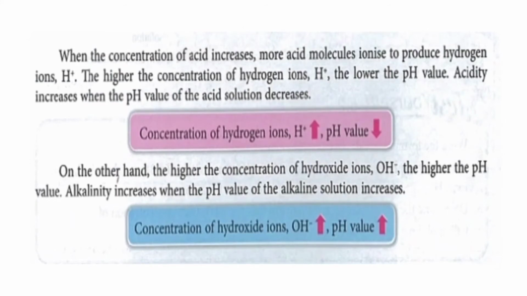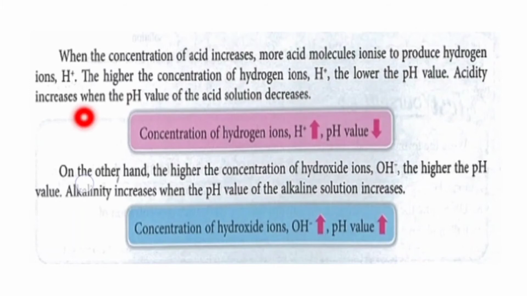When the concentration of acid increases, more acid molecules ionize to produce hydrogen ion. The higher the concentration of hydrogen ion, the lower the pH value, so the acidity will increase. Remember, when the concentration of hydrogen ion increases, the pH value will decrease, so this is more acidic.